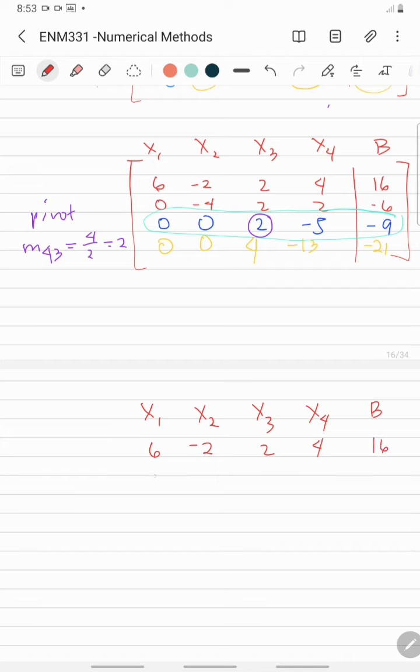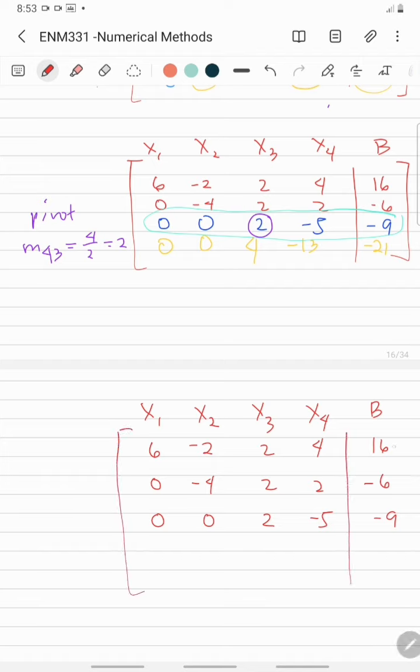Then for the second row, we have 4, 2, 2, -6. Then for the third row, we have 0, 0, 2, -5, and -9. We have to copy also the horizontal elements for the third row because it contains our pivot, which is equal to 2. We have to change again the elements of row 4.